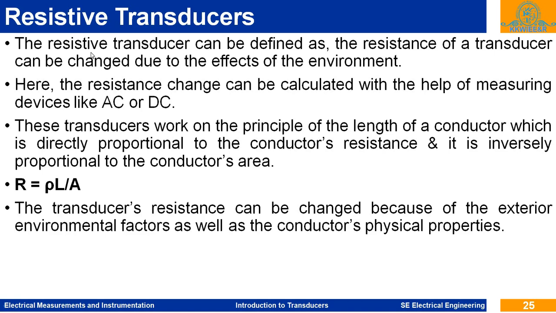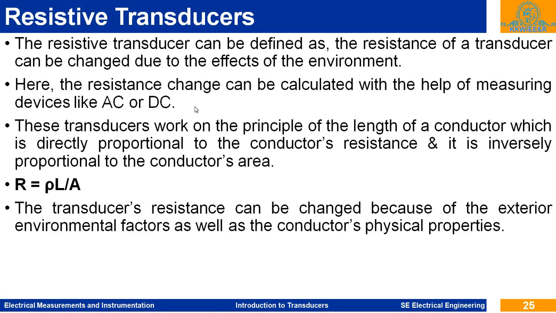So there is a change in the resistance. This change in the resistance is measured, and it converts this physical quantity into an electrical signal. Here the resistance change can be calculated with the help of a measuring device like AC or DC.